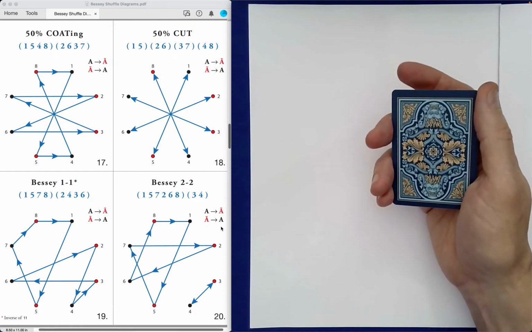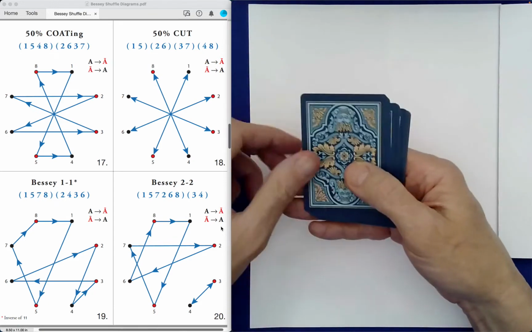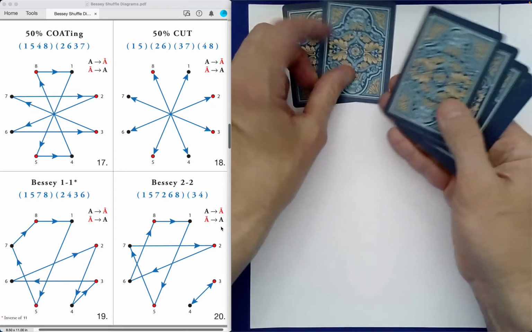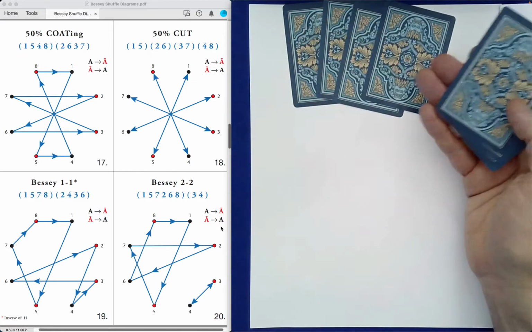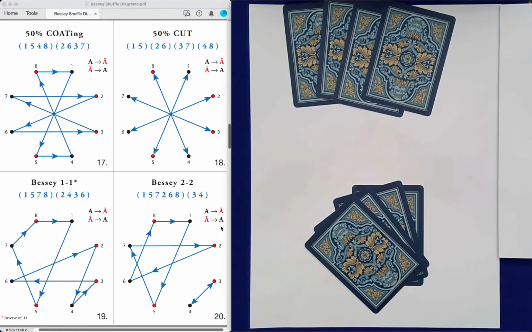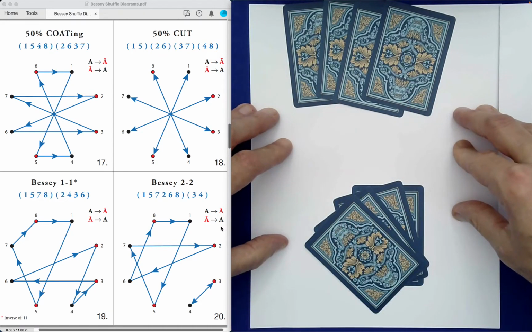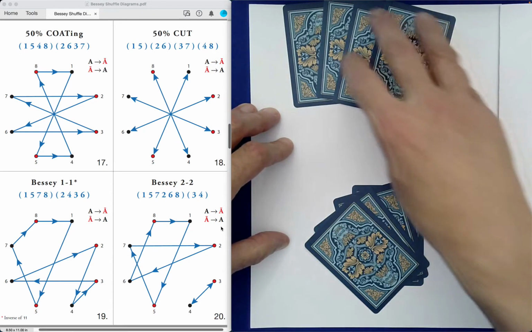So what this would mean is we can give the spectator the top four cards and retain the bottom four for ourselves, or you can just create two piles in that fashion. That would be fine too, maybe better so that you don't associate these cards with them.